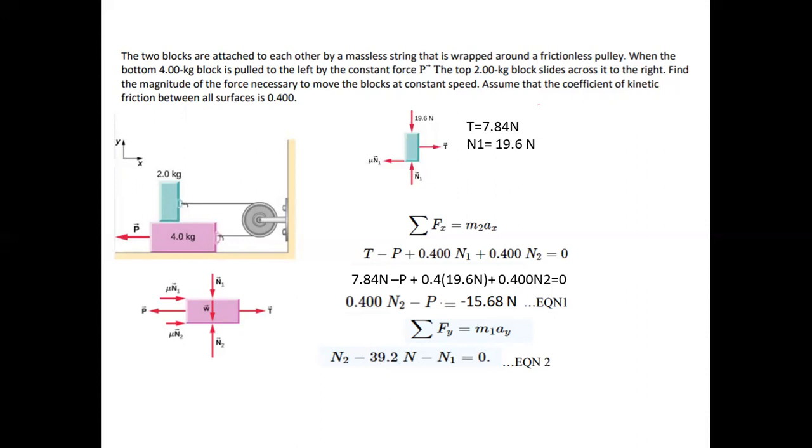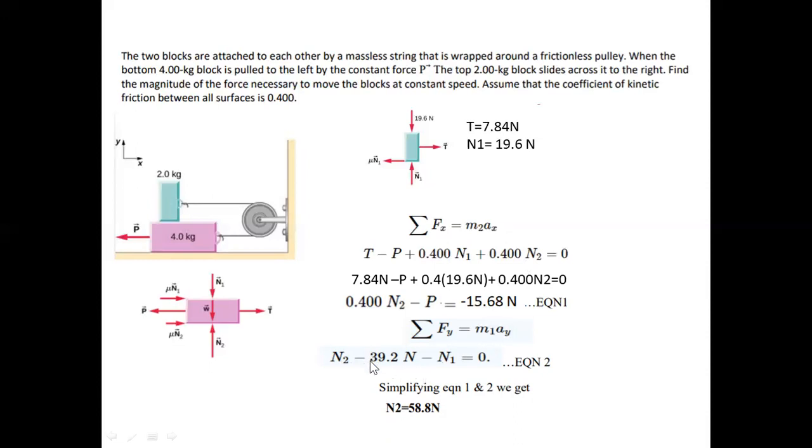If we're going to solve both, since our N1 is already 19.6 newtons, we can get the value for N2. So this is negative 39.2 newtons minus 19.6 newtons, or this gives us N2 minus 58.8 newtons.